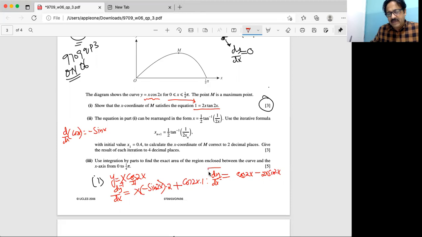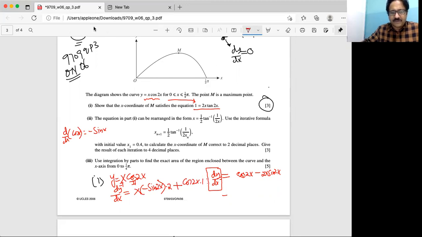Since they say the gradient at M is 0, I will replace this with 0. I get cos 2x minus 2x sine 2x. Here's a small problem: when I'm writing things here, the screen starts moving.